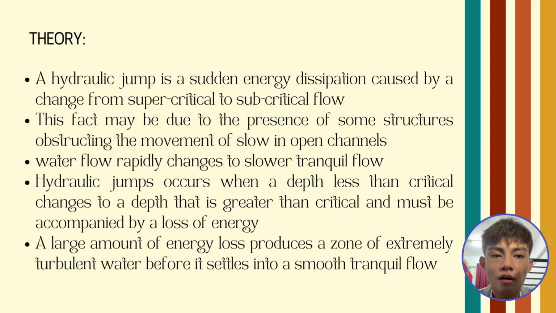The water flow rapidly changed to slower tranquil flow. A hydraulic jump occurs when the depth changes from less than critical to greater than critical, and must be accompanied by a loss of energy. A large amount of energy loss produces a zone of extremely turbulent water before it settles into a smooth tranquil flow.